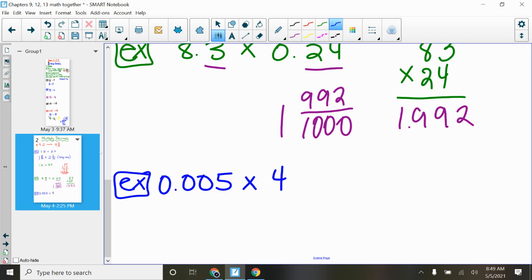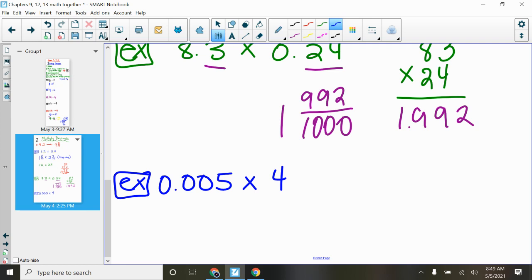times 4. Okay. All right, people. So if we do this the way that we talked about earlier, where we just pretend like the decimals aren't there, what number would we be looking at for the first one? Braden, we'd just be looking at a 5.